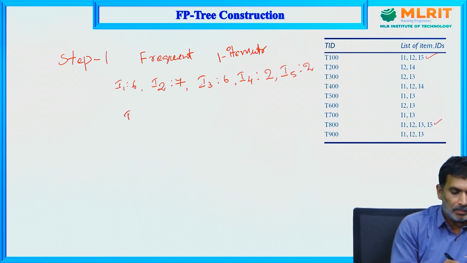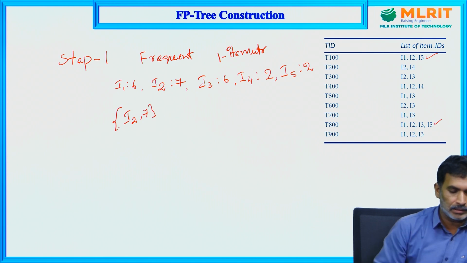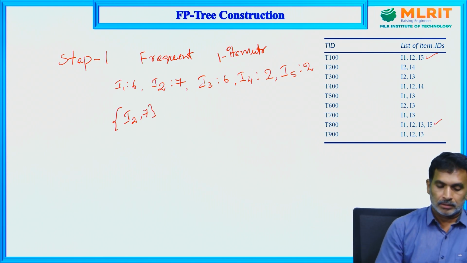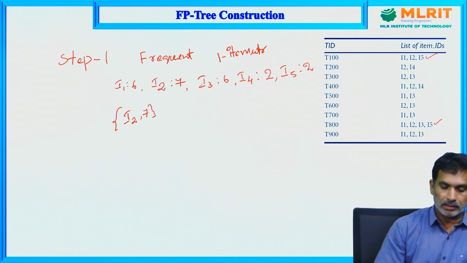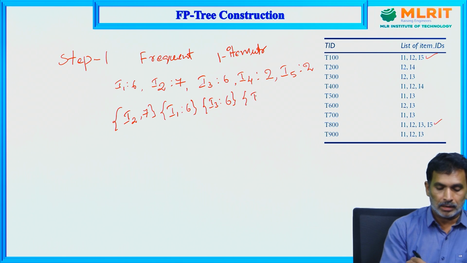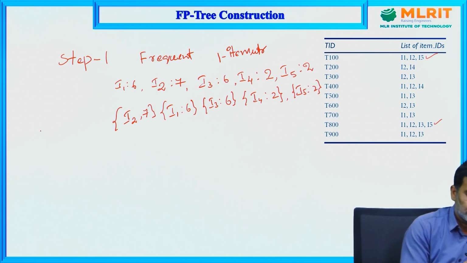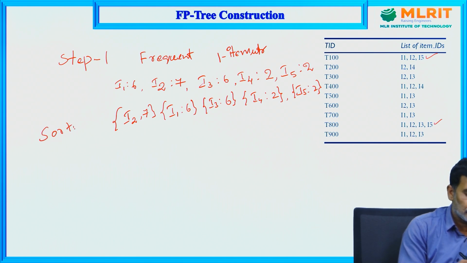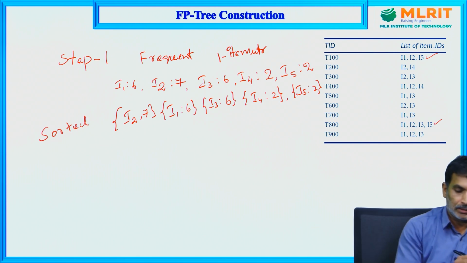So I2 will be first, the item set with the highest frequency, then I1, which is 6, I3, 6, then I4, then I5. So this is the sorted item sets in descending order.